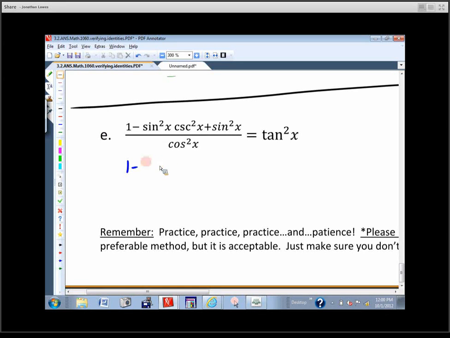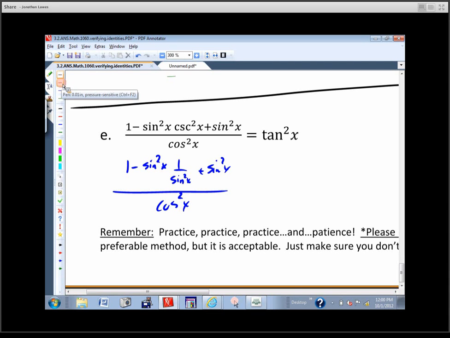Right, in terms of sines and cosines. So this is going to be sine squared x. This is going to be 1 over sine squared x plus sine squared x over cosine squared x. Would it be 1 over cosine squared x?